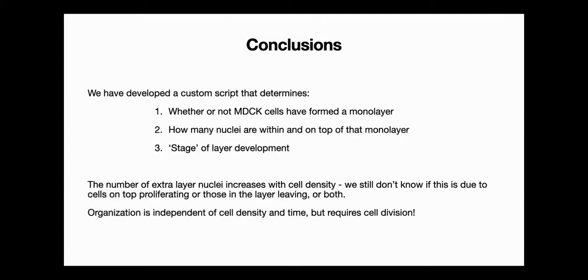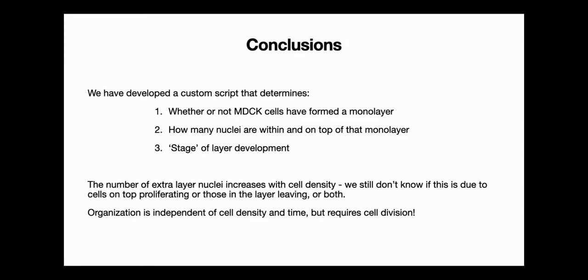So we have developed a custom script that determines whether or not MDCK cells have formed a nice monolayer. We can determine how many nuclei are within that layer and on top of the monolayer too. I didn't go into that with so much detail, but we're doing a lot of work with that. And we can determine the stage of the layer development. So the number of extralayer nuclei also increases with cell density.